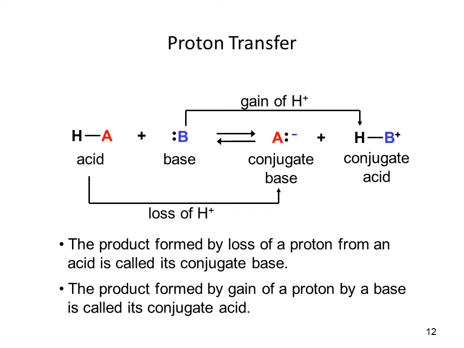The base is a base because it picks up a proton. On the product side of the reaction, you see the base with the proton attached. However, the base could give up its proton. If the base gives up a proton, well, then it's an acid. So we call B the base, and when the proton's attached to it, we call it the conjugate acid.